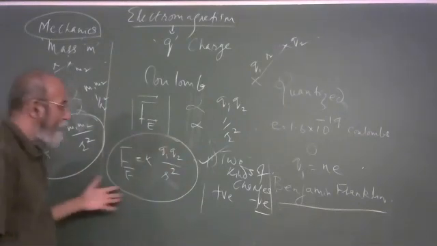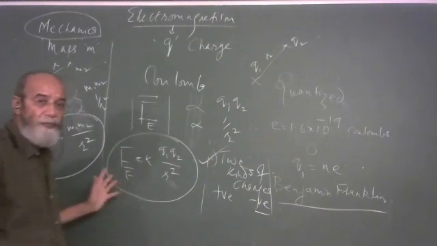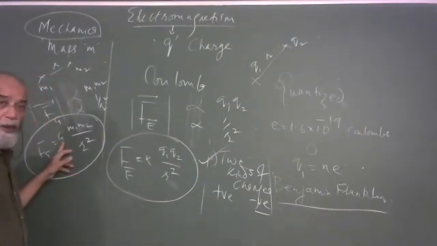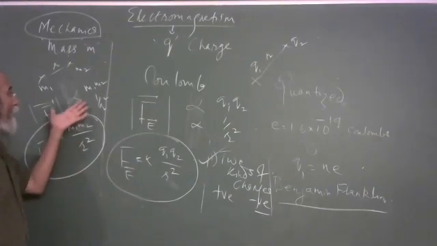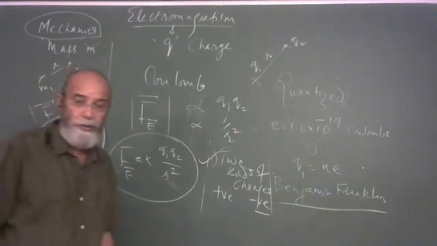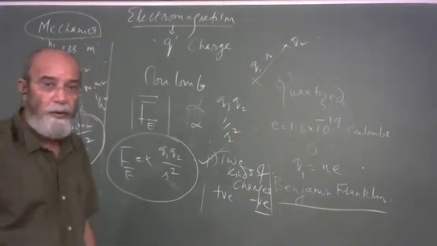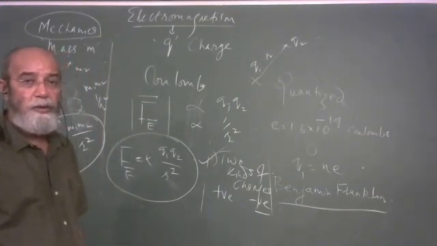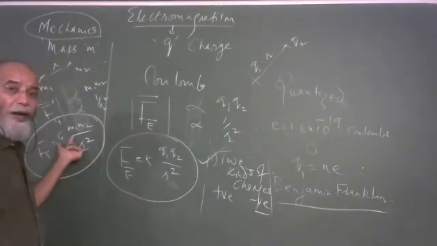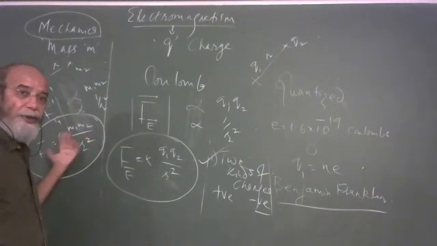Intrinsic property mass, intrinsic property charge, everything looks okay. This quantification and experiment was not done by Newton, it was done by Cavendish. And this G was a mathematical proportionality constant.